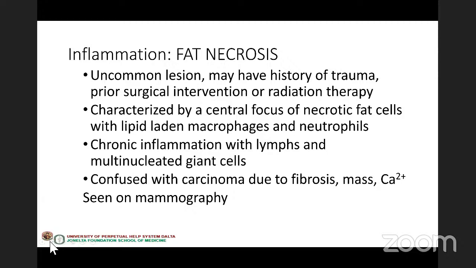So you have chronic inflammation with lymphocytes and multinucleated giant cells. This can also be confused with carcinoma due to fibrosis and mass calcium deposits seen on mammography.